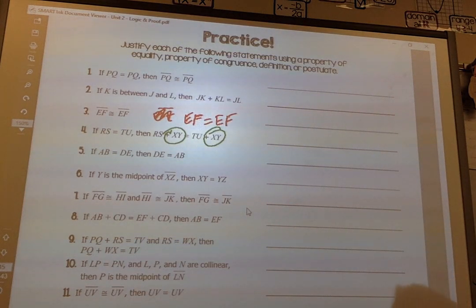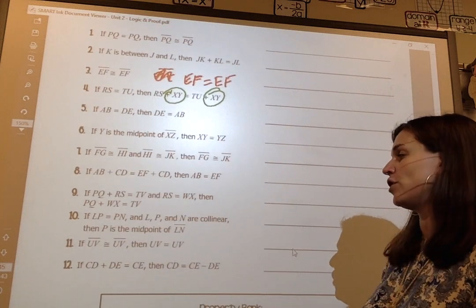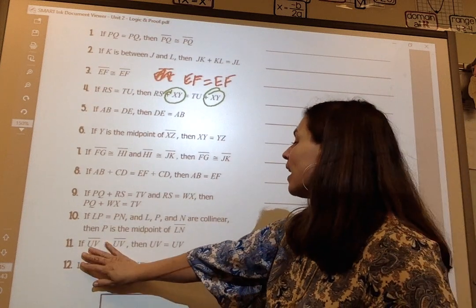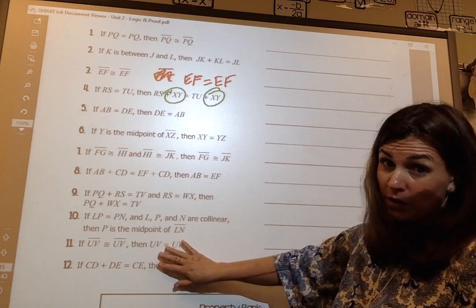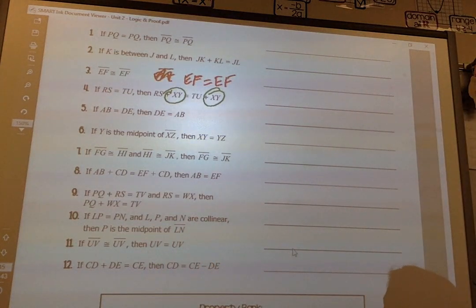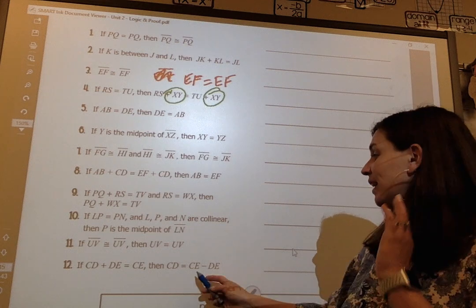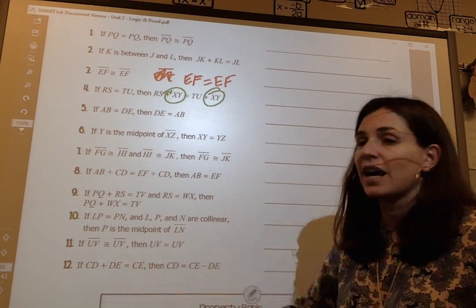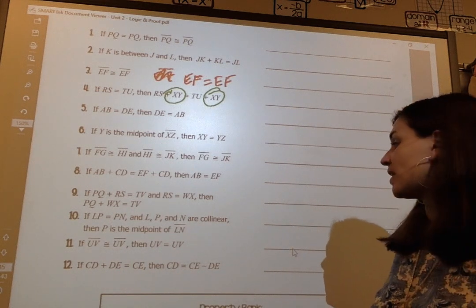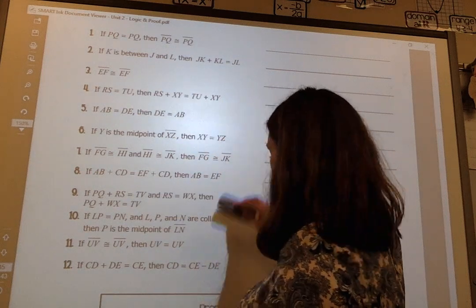So that is going to be definition of midpoint. Number 11, they're congruent, which means they're also equal in length. That's definition of congruence. And then here, how are they getting DE to the other side? They're subtracting DE from both sides, so subtraction property of equality. So that is what your properties look like.